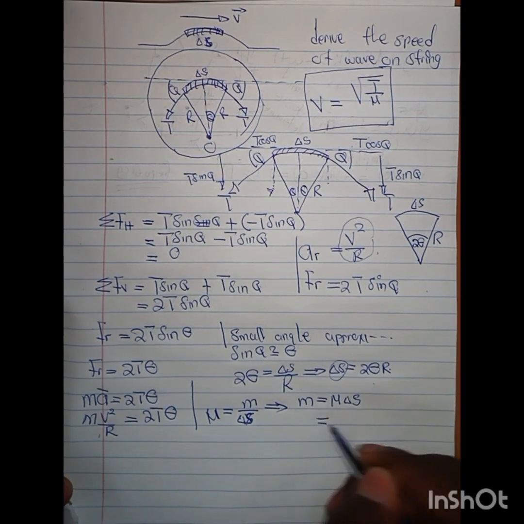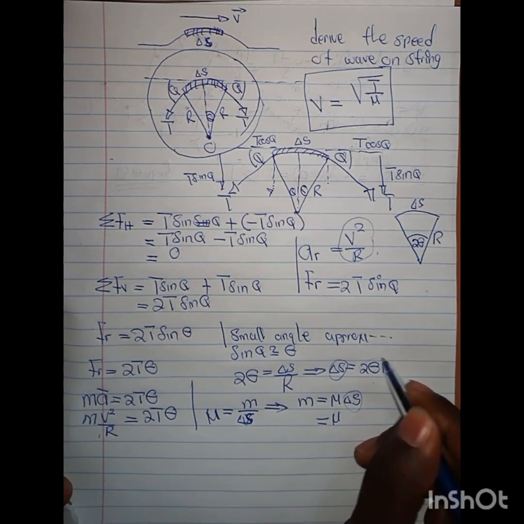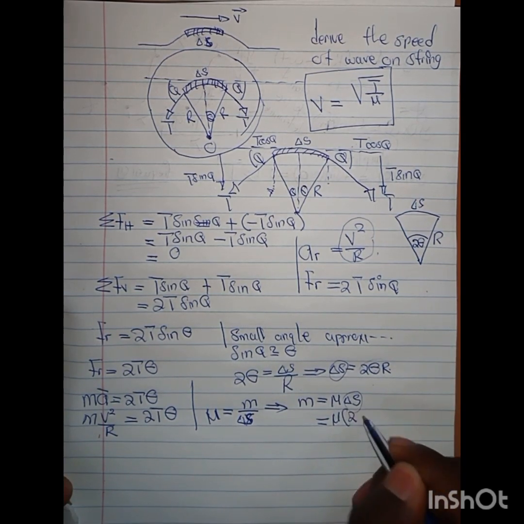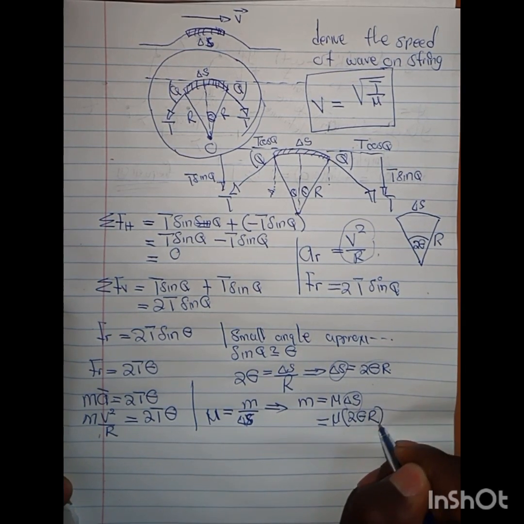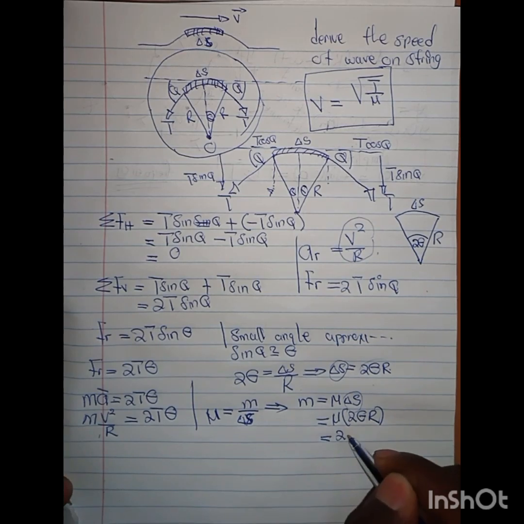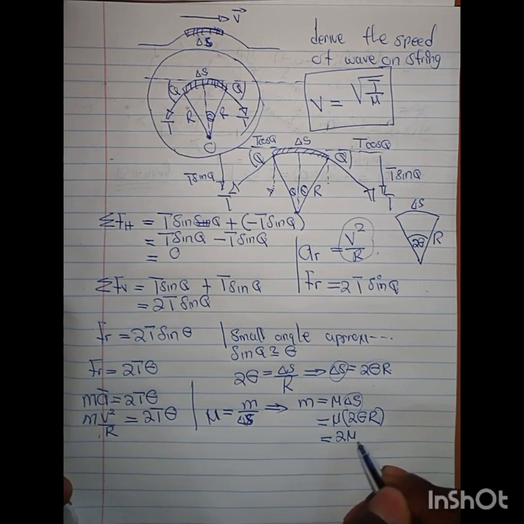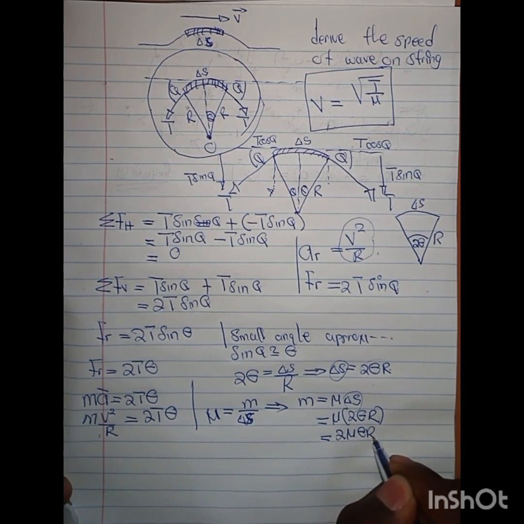So the mass will be given in terms of mu. In place of ds, I will have 2 theta multiplied by r. This is 2 theta r. Then it can be generalized in this form: 2 mu theta r.